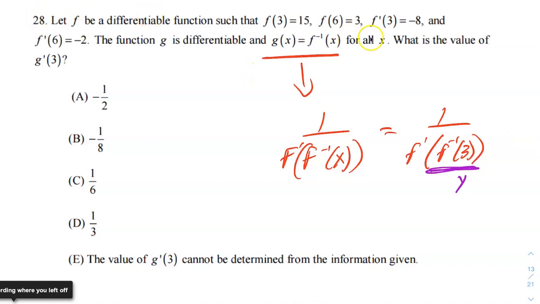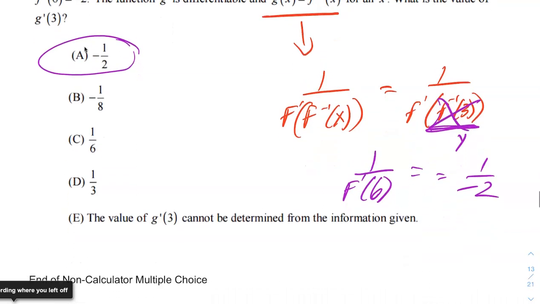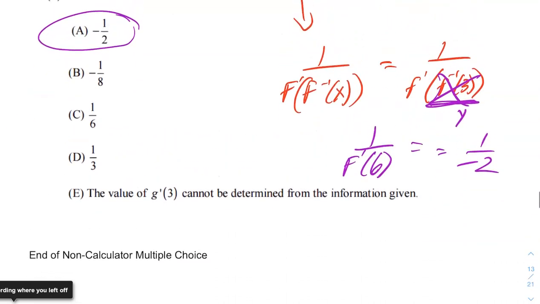So when does y equal 3? Right here. So when y equals 3, my x is 6. So this should just be 6. So now it's 1 over f prime of 6. F prime of 6 is -2. So 1 over -2. So A. There we go. And that's it for the non-calculator portion.